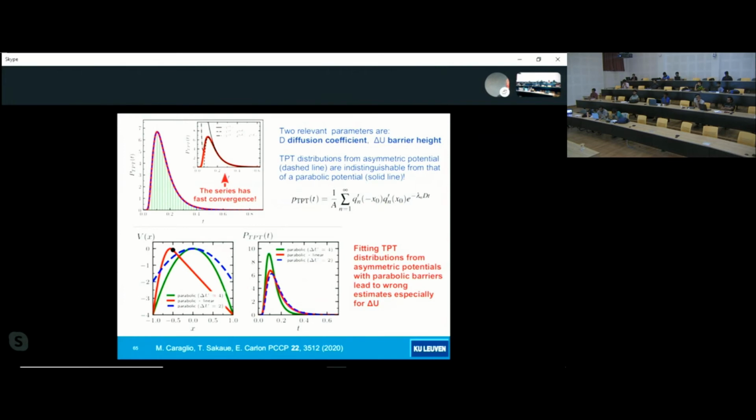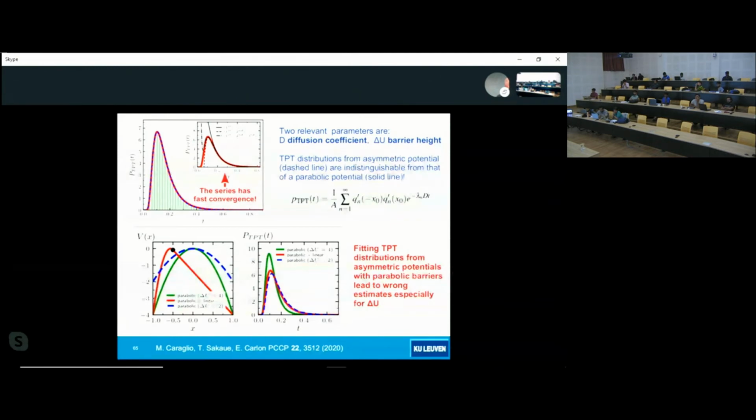Instead of 2, we could have taken 2 point something, and they would have overlapped. So the message is that even if the potential is asymmetric, these data do not resolve the potential shape. You don't see much trace of the potential shape.